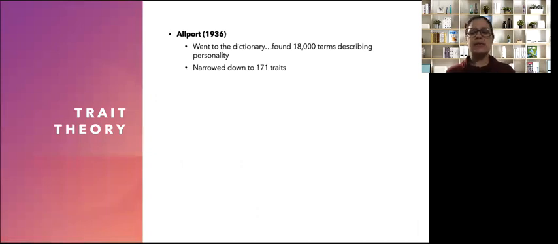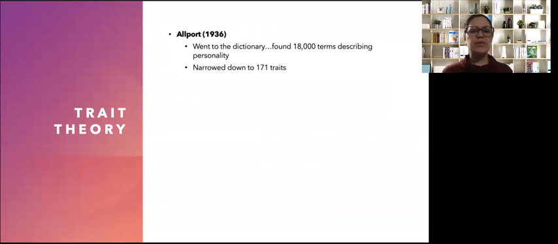So let's look at some of the trait theories that have been presented in the study of personality. Gordon Allport was a psychologist in the 30s, and he was one of the first psychologists to really focus on studying personality in and of itself. So he's known as one of, if not the founding figure of personality psychology.